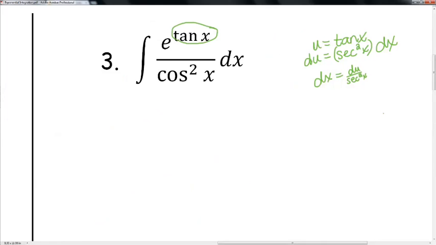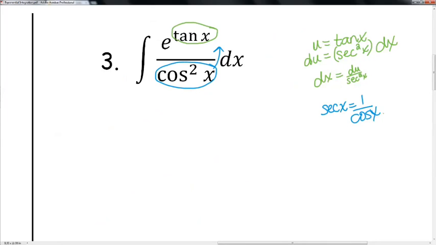And it's a little hard to see where secant squared is located. So if you remember in pre-cal, you learned that secant is 1 over cosine. So my cosine right here really, if I bring it up, becomes secant squared.